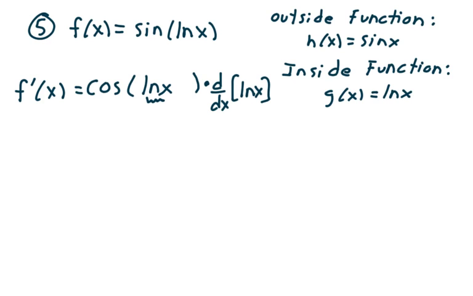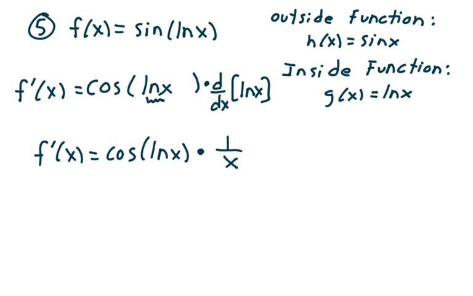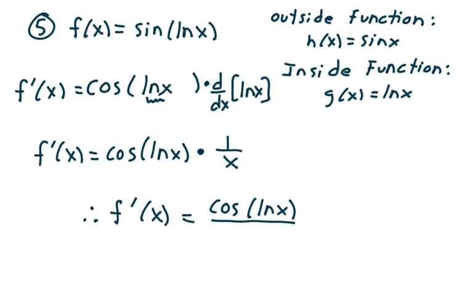So I'm going to multiply by the derivative of natural log of x with respect to x. And so f prime of x is cosine of natural log of x times 1 over x. And if we write this a little bit simpler, f prime of x is cosine of natural log of x divided by x.